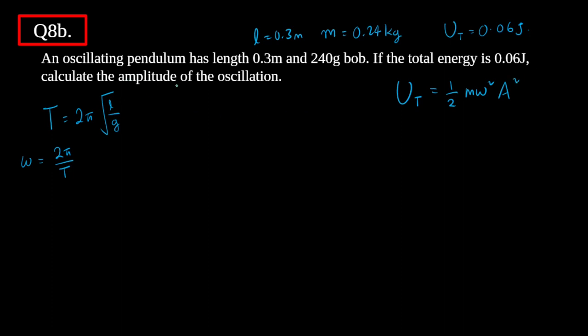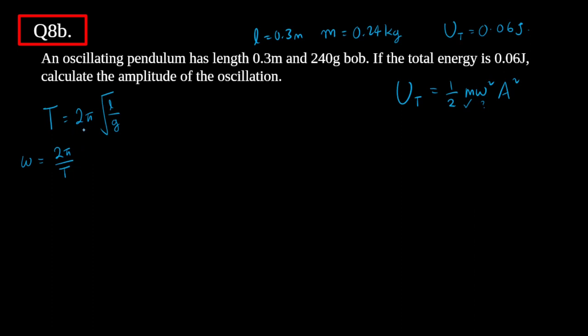And now we're looking for the amplitude. That's why we have total energy. We know what m is. We do not know what omega is, and we can find omega from T. Okay, makes sense?